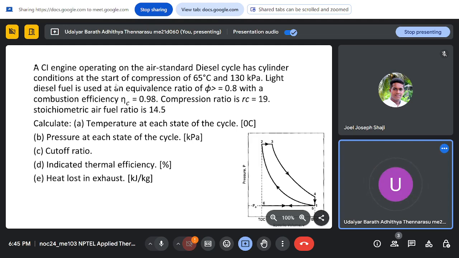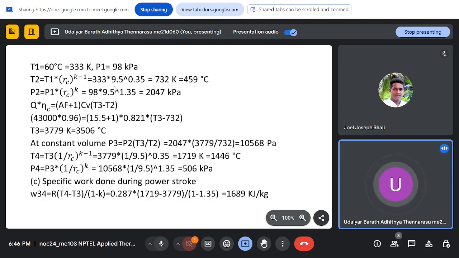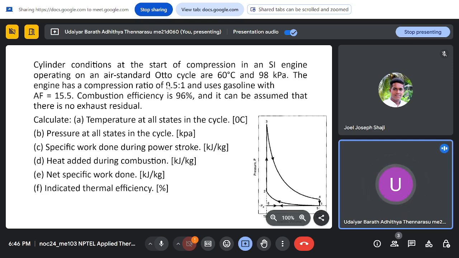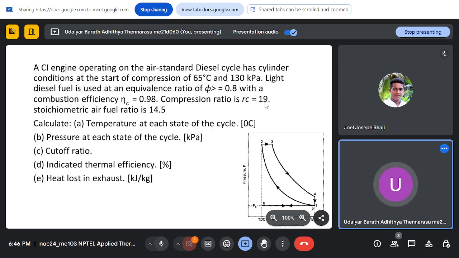You can see in the previous problem it was 9.5, and here it's 19 for the diesel engine. Practically that's the case, because in a diesel engine you compress the air, and because of the compression there's an increase in temperature and pressure that causes the combustion to happen.